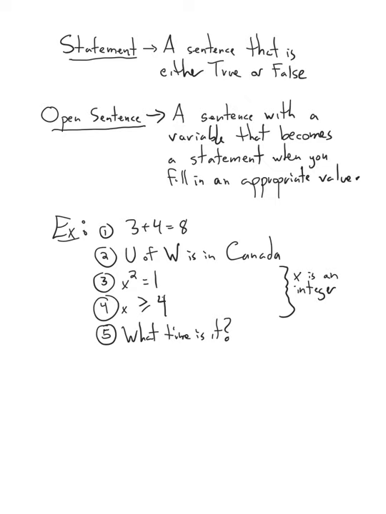Well, no it doesn't. 3 plus 4 equals 7. This is false. So it's a false statement, but it is a statement, because we can say if it is true or false. The second one, the University of Winnipeg is in Canada. Well, that is true. The University of Winnipeg is indeed in Canada. That is a true statement, so this is indeed a statement.